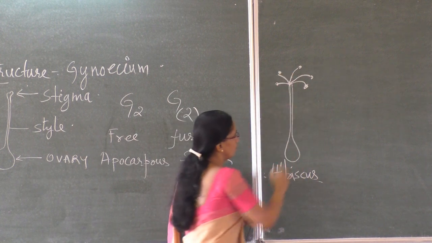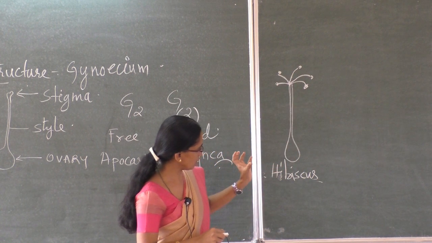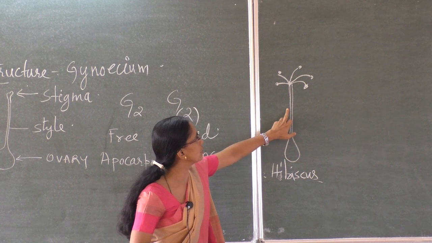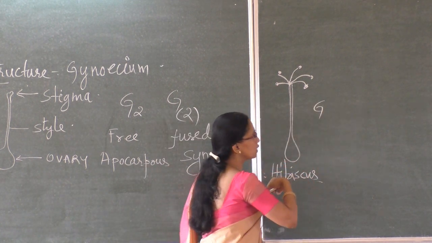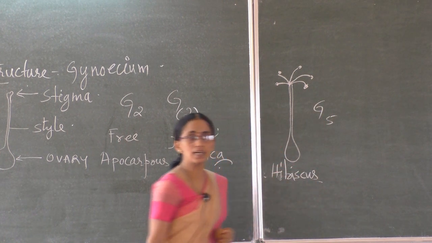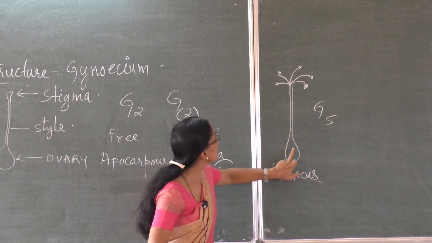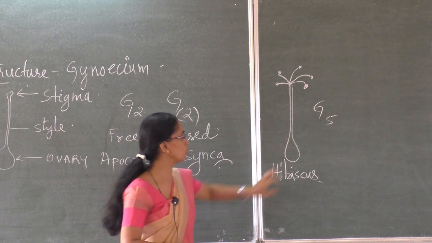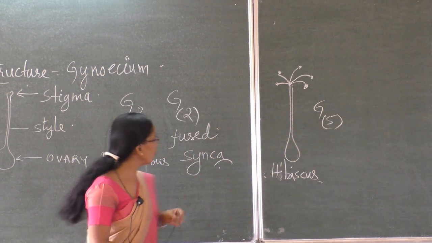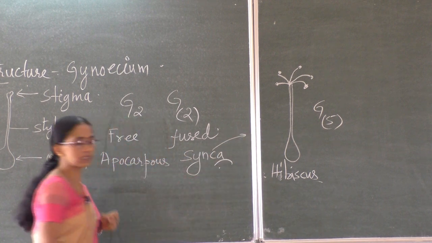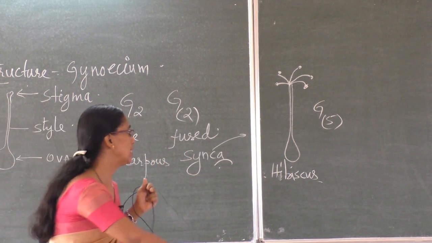From the external side we can make out only one ovary, one style, but stigmas are 5. So in hibiscus flower, the gynoecium is pentacarpellary, but since here ovary and style are only one, that means they are fused, it is syncarpous. So example for syncarpous gynoecium is hibiscus.